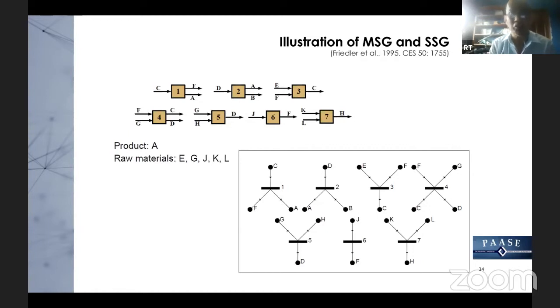So if we wanted to use process 1, we would actually need another process which would generate C as an intermediate. Essentially, you could take these building blocks of the process plant and represent them in the inset box. They're shown as process graphs.